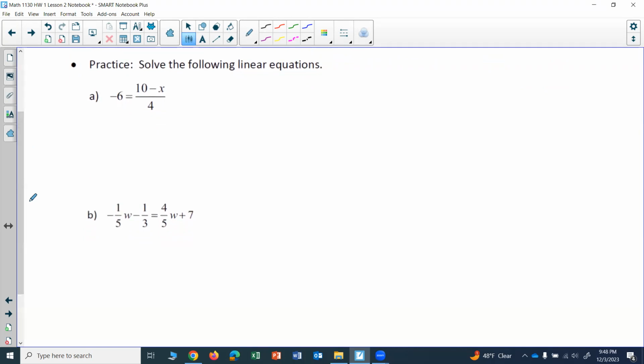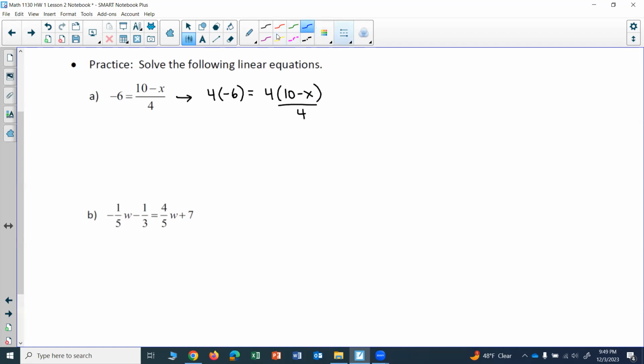Our first one is -6 equals the quantity 10 minus x, quantity, over 4. Now I want to get rid of that denominator of 4. So the first thing I'm going to do is multiply both sides of my equation by 4. So on the left side, I'll have 4 times -6 equals 4 times (10 minus x) over 4.